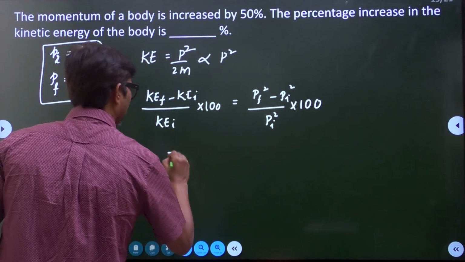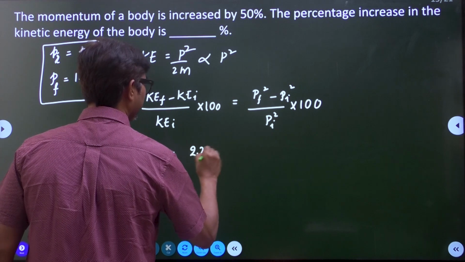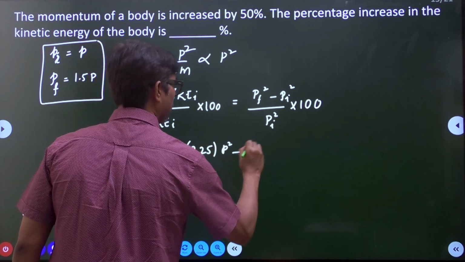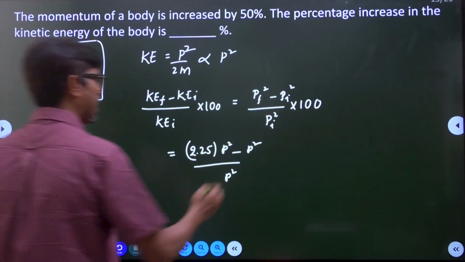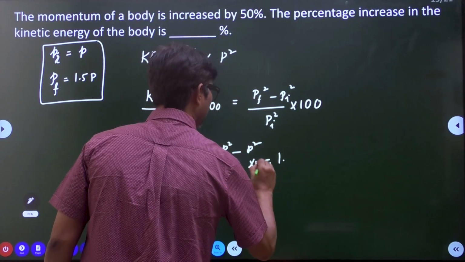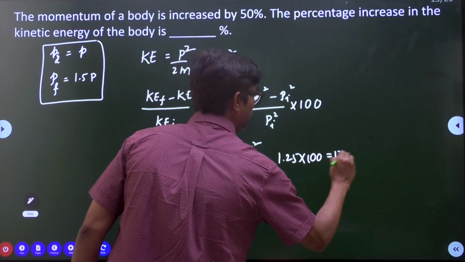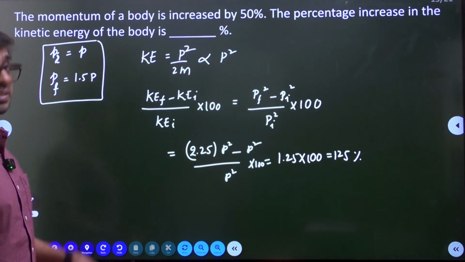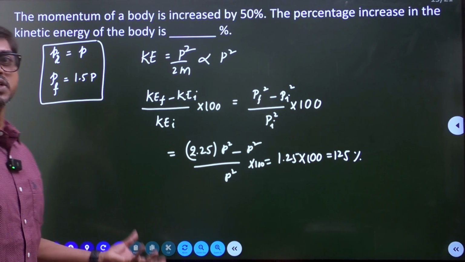P final square, 1.5 square. 1.5 square is 2.25 into P square minus P square divided by P square. So P square would cancel out. 2.25 minus 1 will be 1.25 into 100, it becomes 125%. 125% is the increase there, right? So final value is 125% more than the initial value.